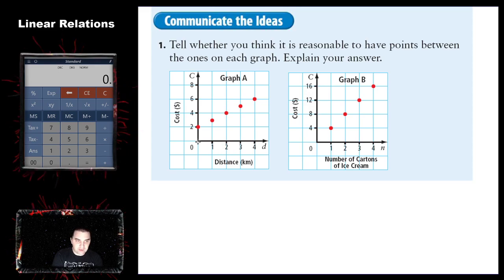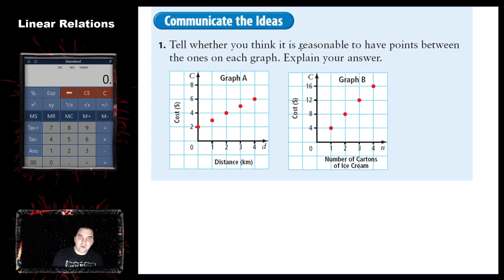So you're looking at right here, it's going to cost you $2. All right. If you travel 1 kilometer, it's going to cost you $2 plus, looks like $1 per kilometer. So it moves up $1 for every 1 kilometer that you go at this point.